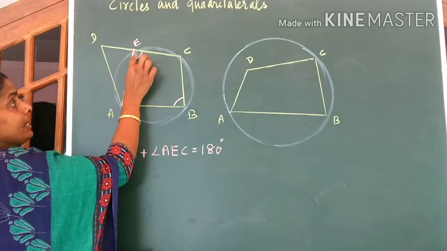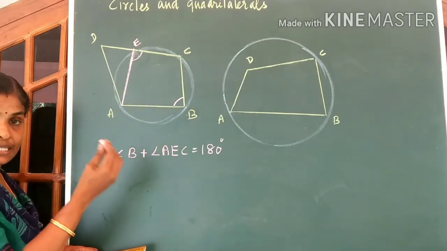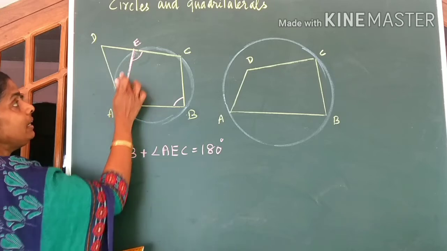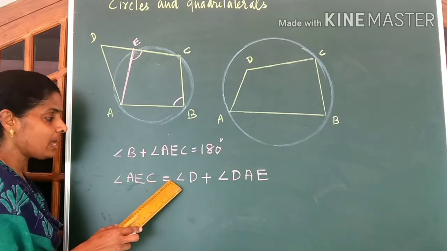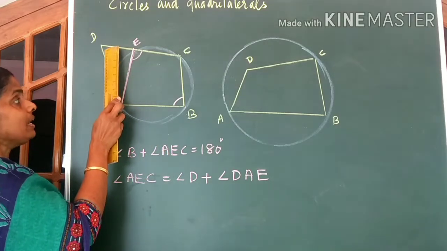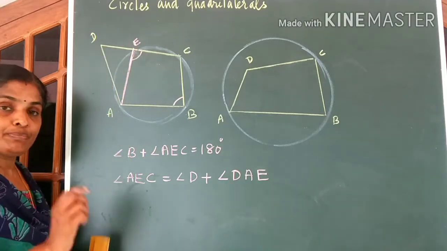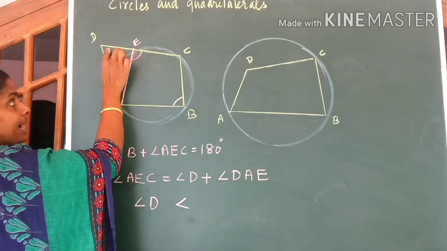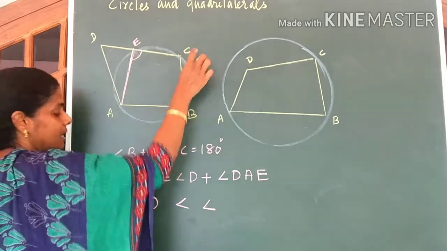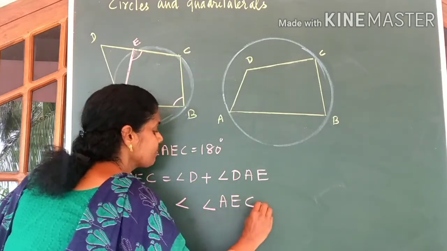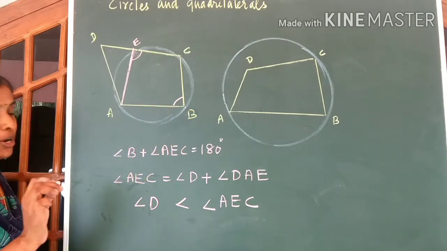Now this angle AEC is the exterior angle of triangle AED. So we can write AEC is equal to angle D plus angle DAE. From this, what did you understand? Angle D will be always less than angle AEC. So if you add the opposite angle, what do you get?